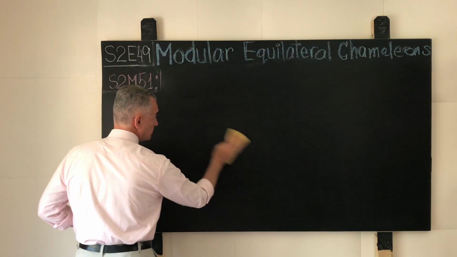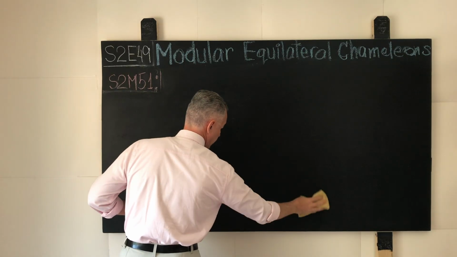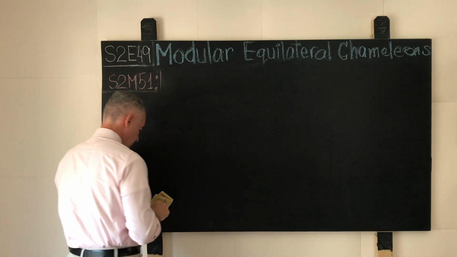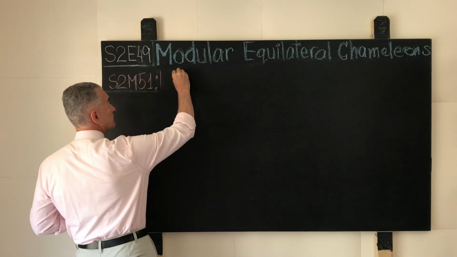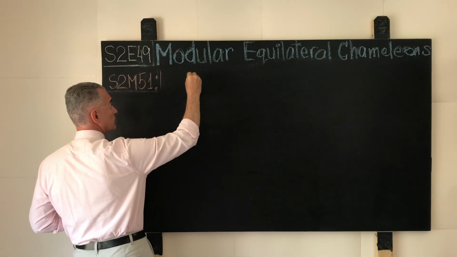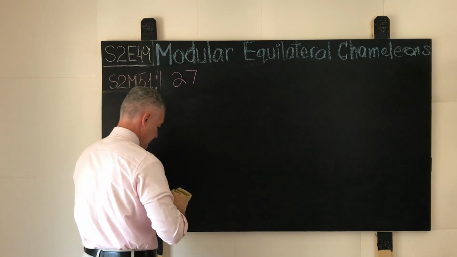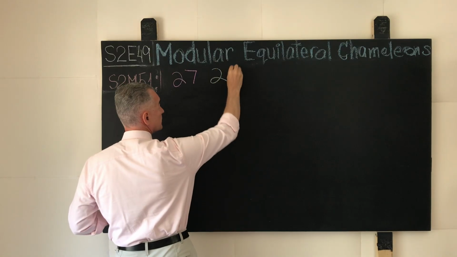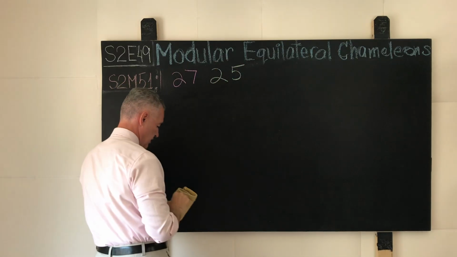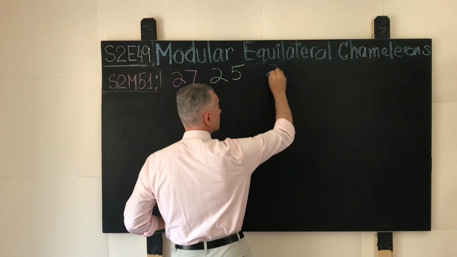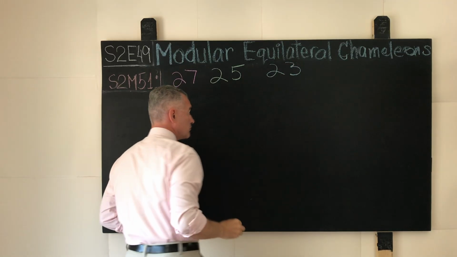In this problem, you do not really have to be an Einstein to realize right away that, what was the initial condition? We had 27 red, we had 25 green, and we had 23 blue chameleons.